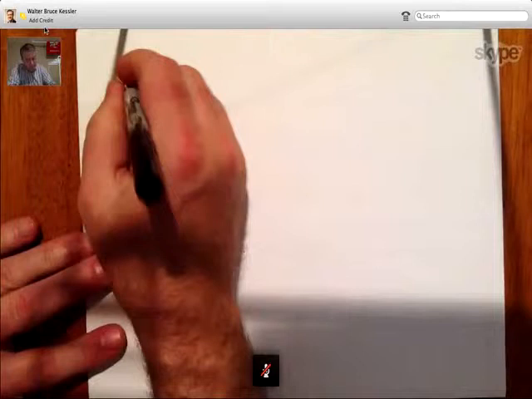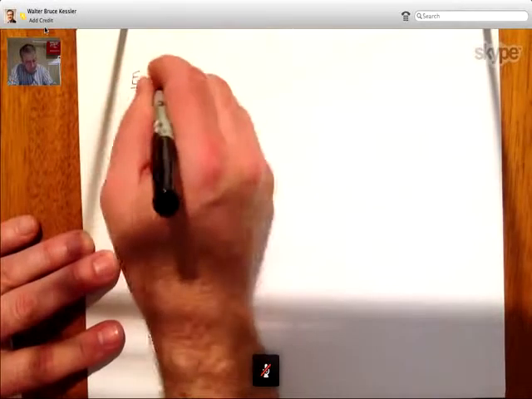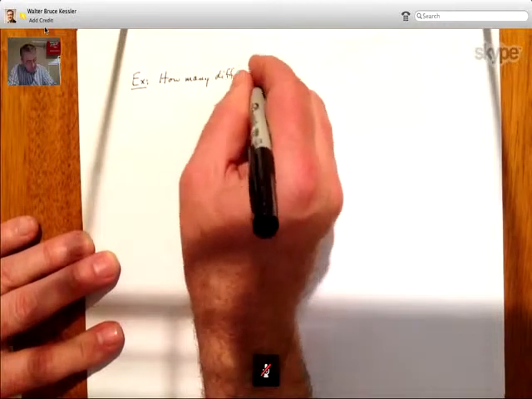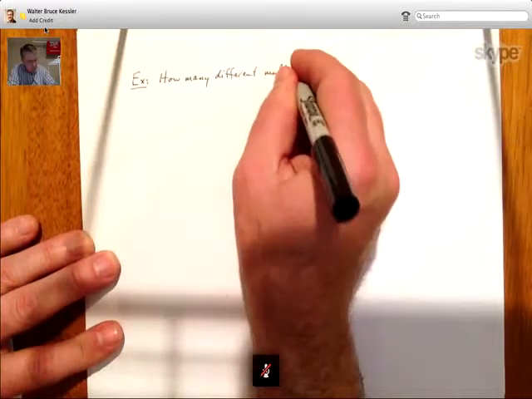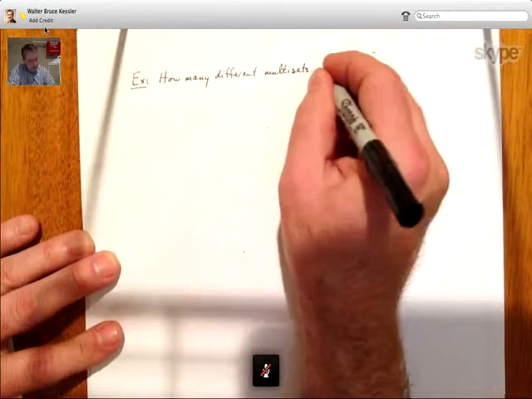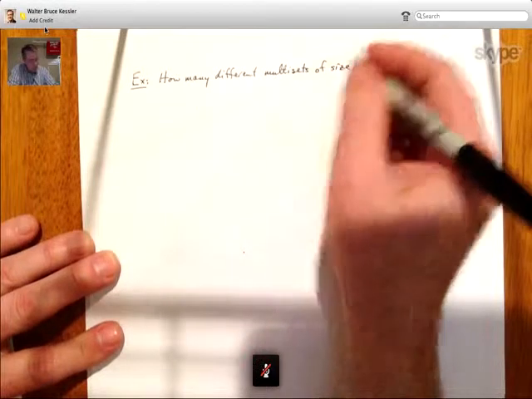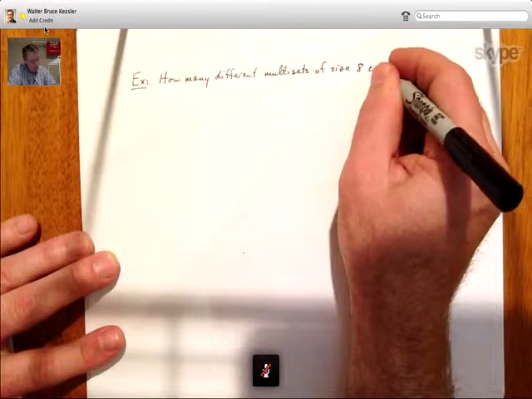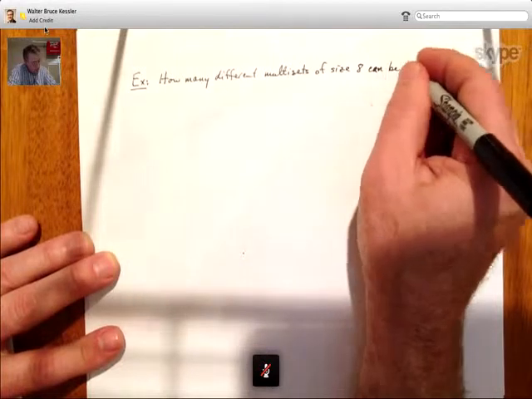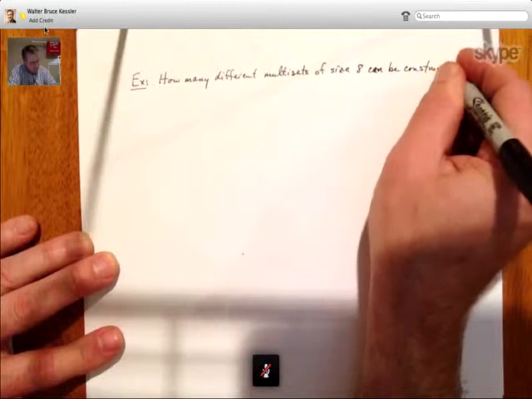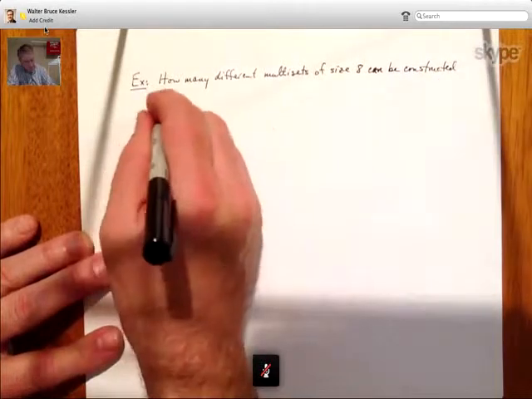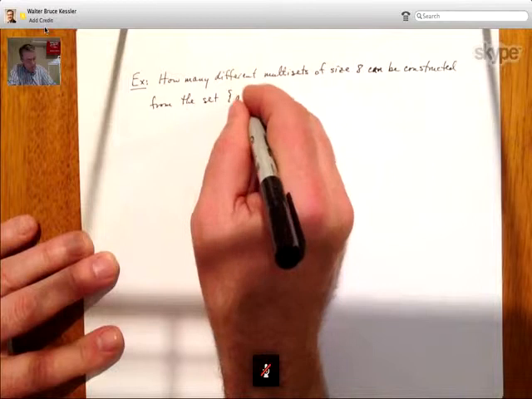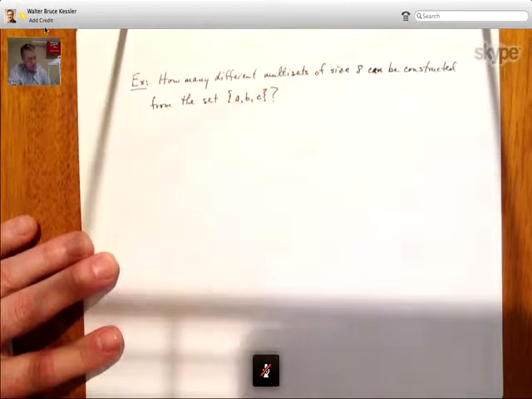How many different multisets of size 8, length 8, can be constructed from the set, and I'll just put in like lower a, lower b, lower c.